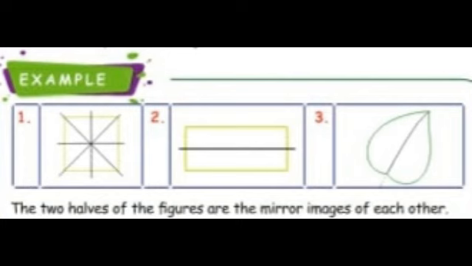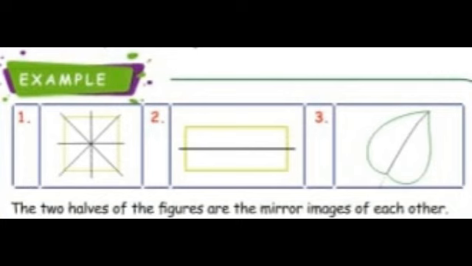After cutting that leaf, you just imagine, the parts will be equal in shape as well as size, isn't it? Those things are called symmetrical figures. Now can we see some examples?